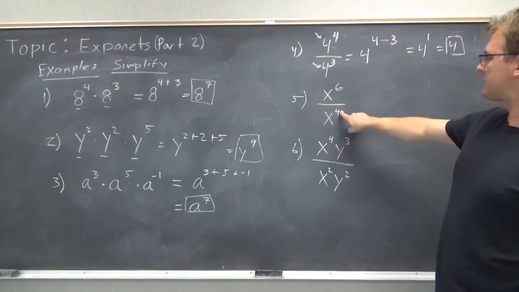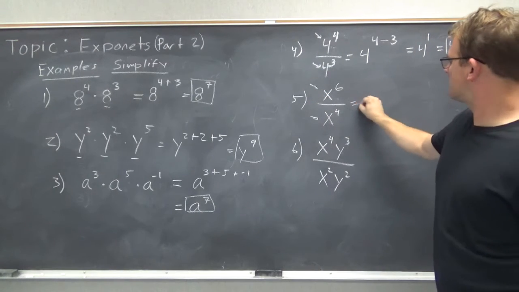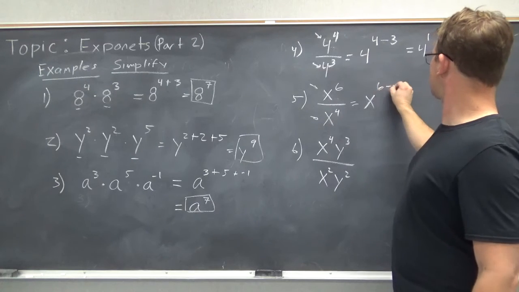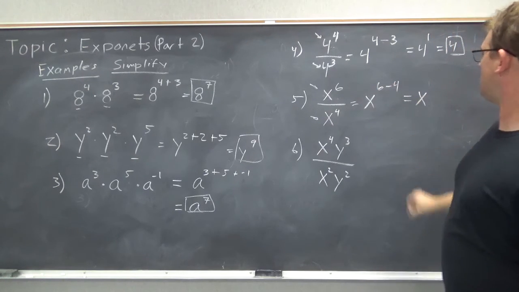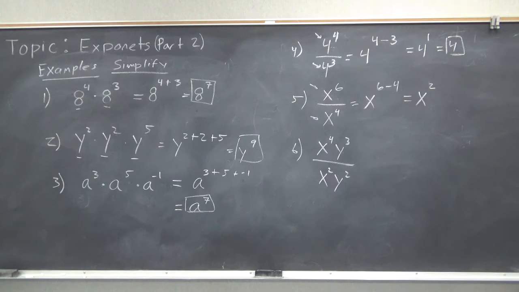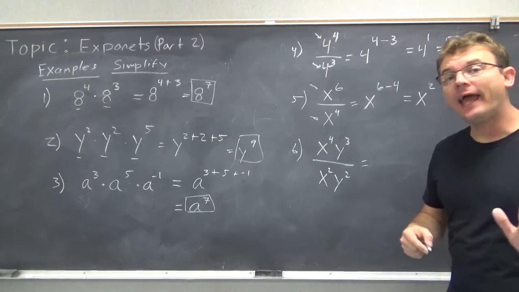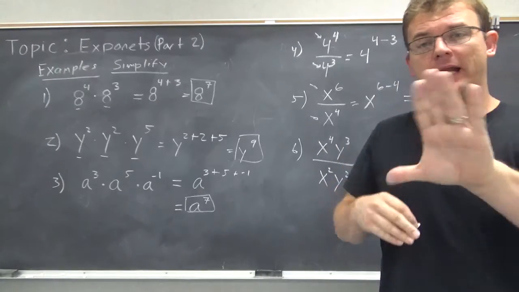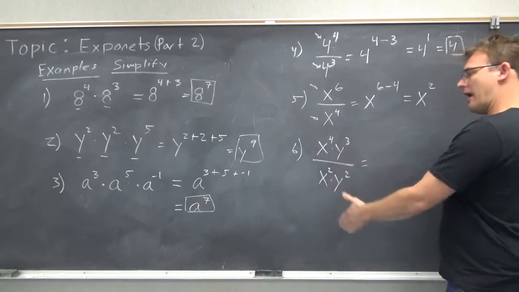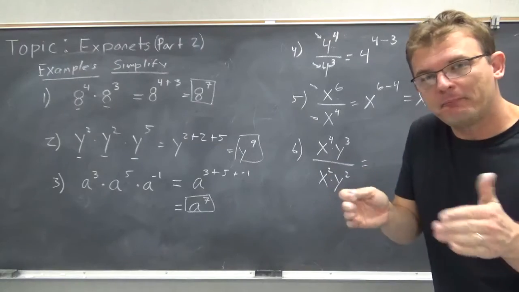Okay? This one, same thing. They're both x. This is 6 minus 4, x squared. This one here, there's x's and y's. That's okay, as long as you match them up. And here's one way you could do it. Remember, these are multiplication. Now, if you can't think about this, what I would do is split them up.